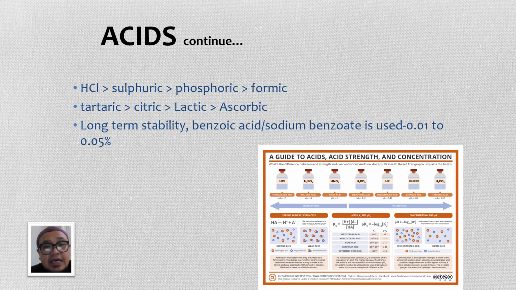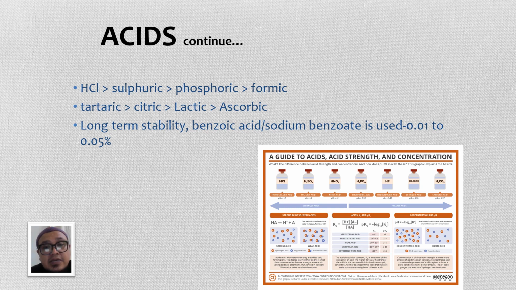Okay, in this part, we will see the strong acids. Okay, first, hydrochloric acid is stronger than sulfuric acid. Okay, sulfuric acid is stronger than phosphoric acid, and phosphoric acid is stronger than formic acid. Okay, the second part is the lower acids, the weakest acids.